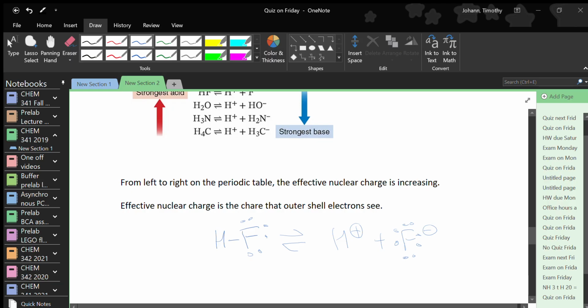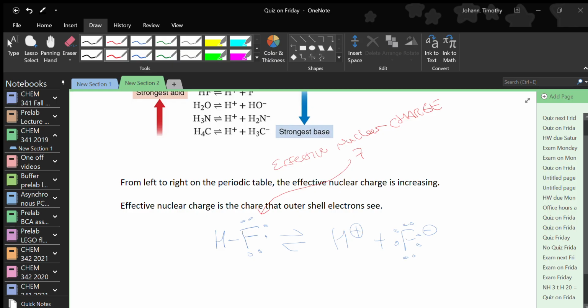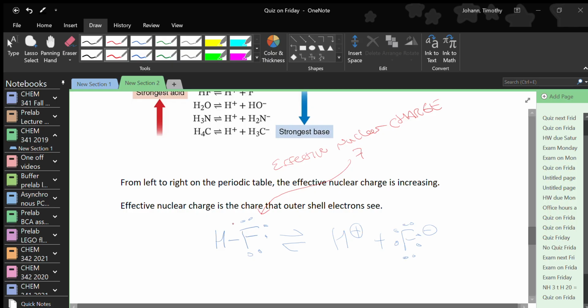It has an effective nuclear charge of 7. That's the Z effective of 7 right there. So it's a high effective nuclear charge, so it is going to be pulling hard on these electrons in the bond. And those electrons in the bond are more likely to pop out of the bond and onto the fluorine to make this happen.